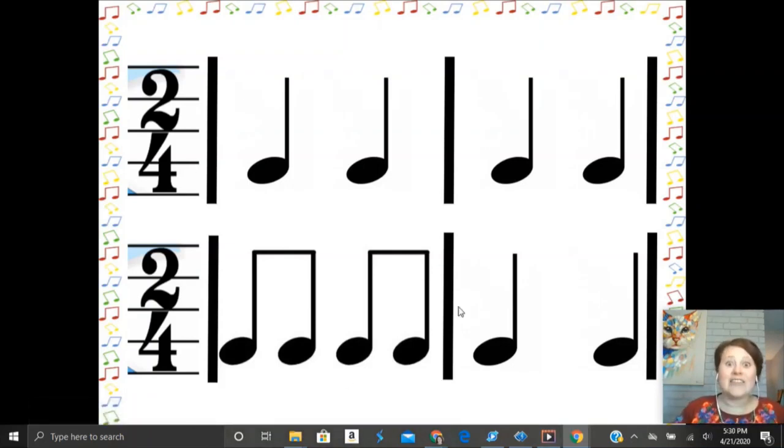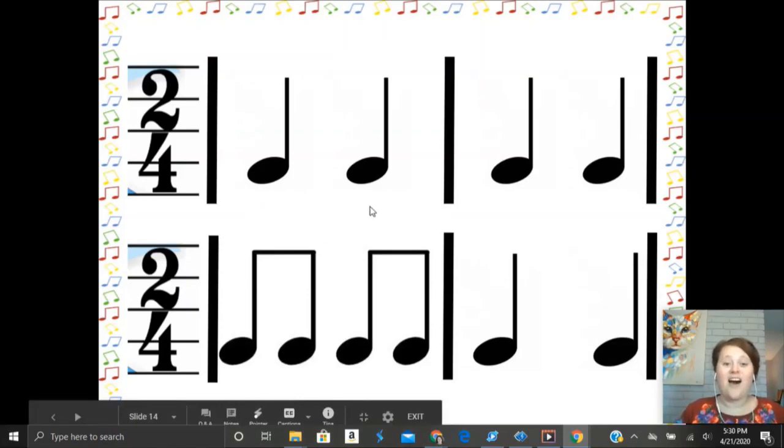Each measure has two beats. Ta, ta, ta, ta, ti, ti, ti, ti, ta, ta. Bounce high, bounce low, bounce the ball to Shiloh.